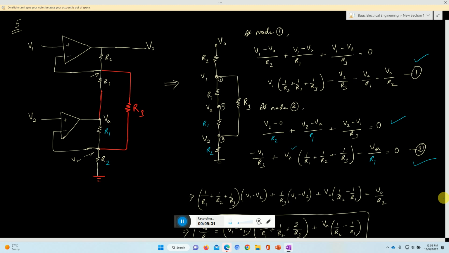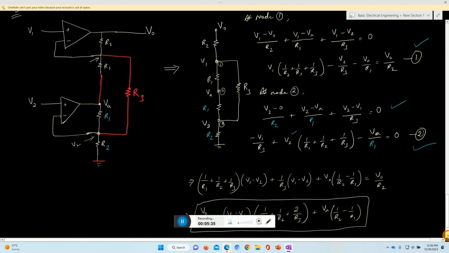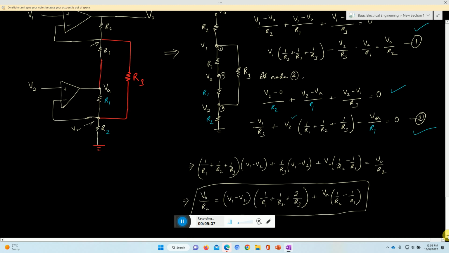Now if we subtract equation 2 from equation 1, in that particular case the VA terms cancel out, so that terminal term equals 0. Rest we will not have any changes anywhere. As you can see, there are no changes over here. Only these two things go out of the circuit, and what is available is this.